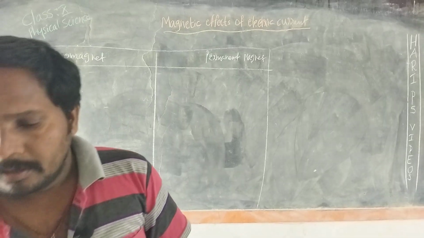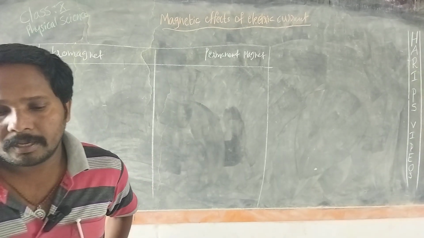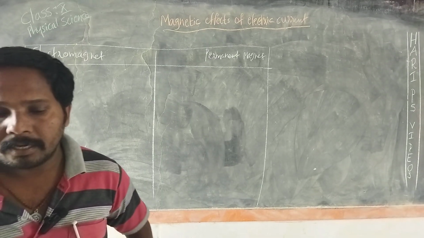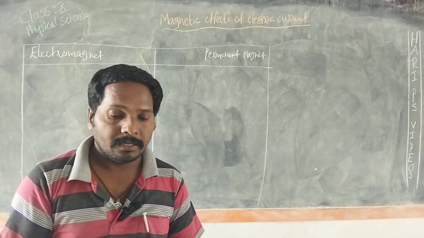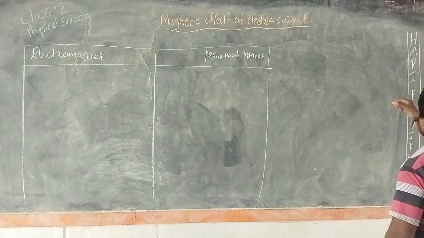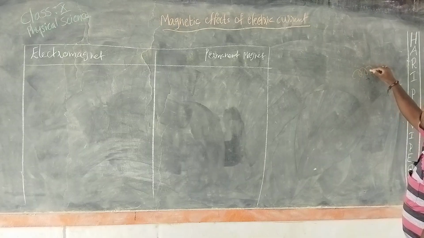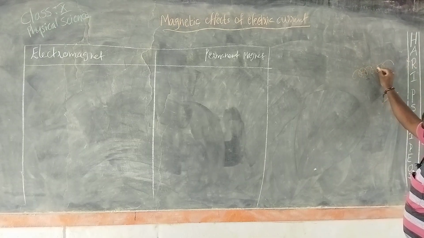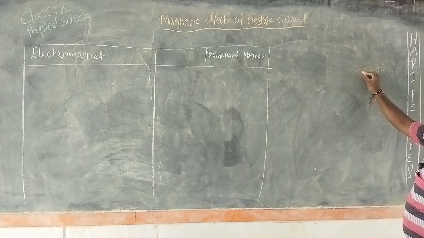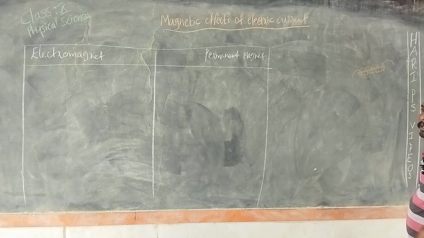So an electromagnet becomes a combination of solenoid and soft iron. As we discussed in the case of a solenoid, soft iron is placed inside the solenoid. With this combination of solenoid and soft iron we can make magnets.